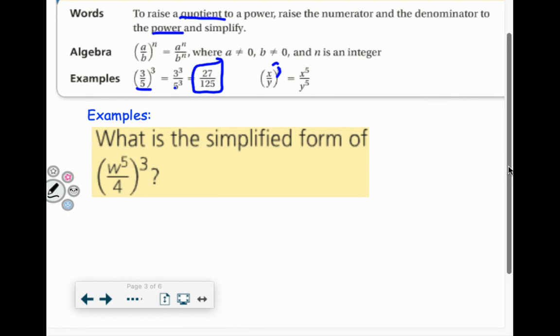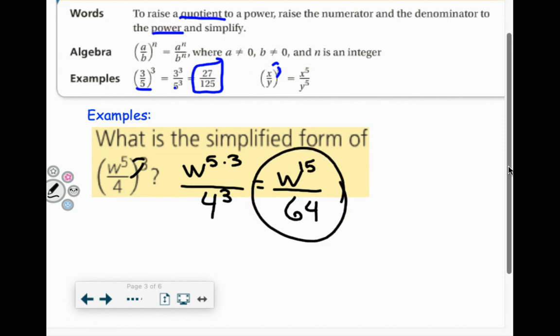We have to think back to previous lessons: power to a power. So this is really w to the 5th times 3, over 4 to the third. We distributed that 3 to both terms. So this is really w to the 15th over 4 to the third, which would be 64.